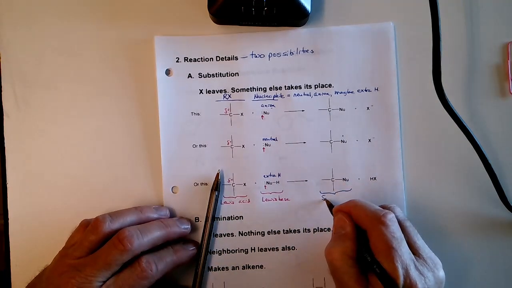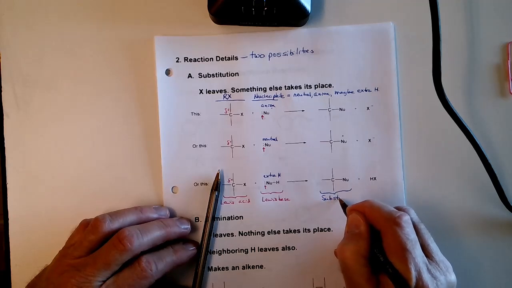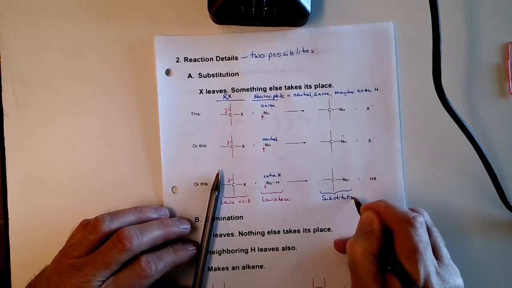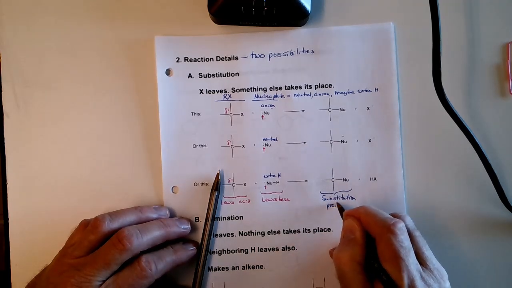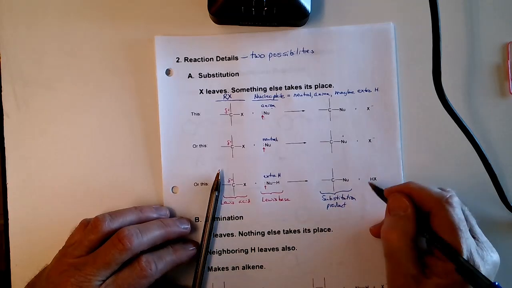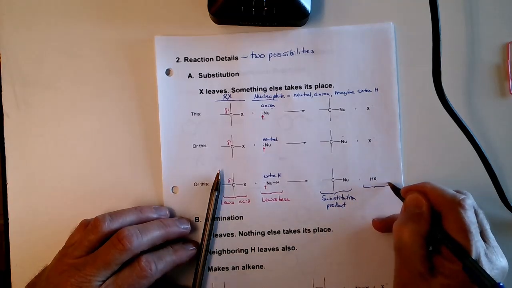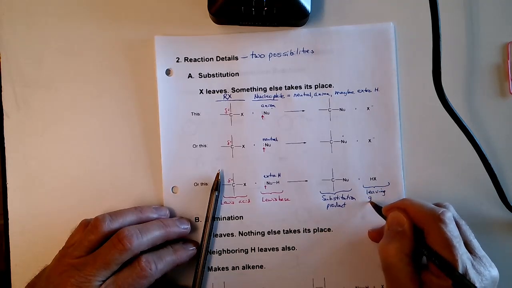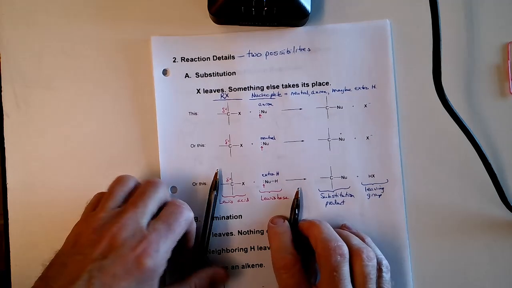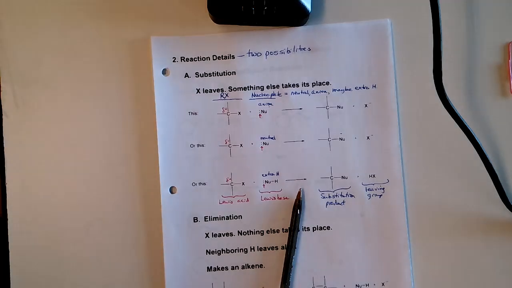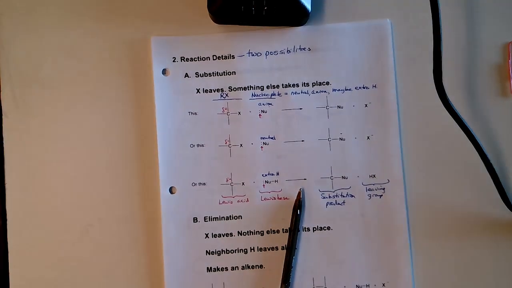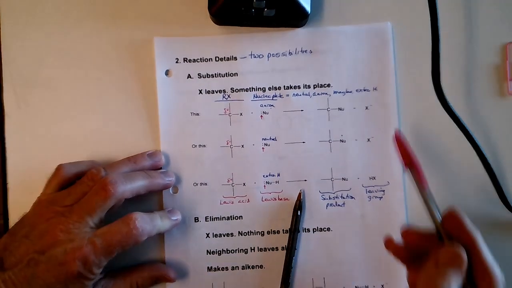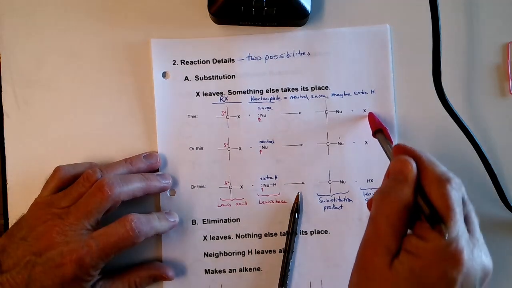Each one of these would be termed a substitution product. And then over here, this glorious term, a leaving group. Now look what you got. For the most part, in two of those examples, you just knock the halogen out as an anion.